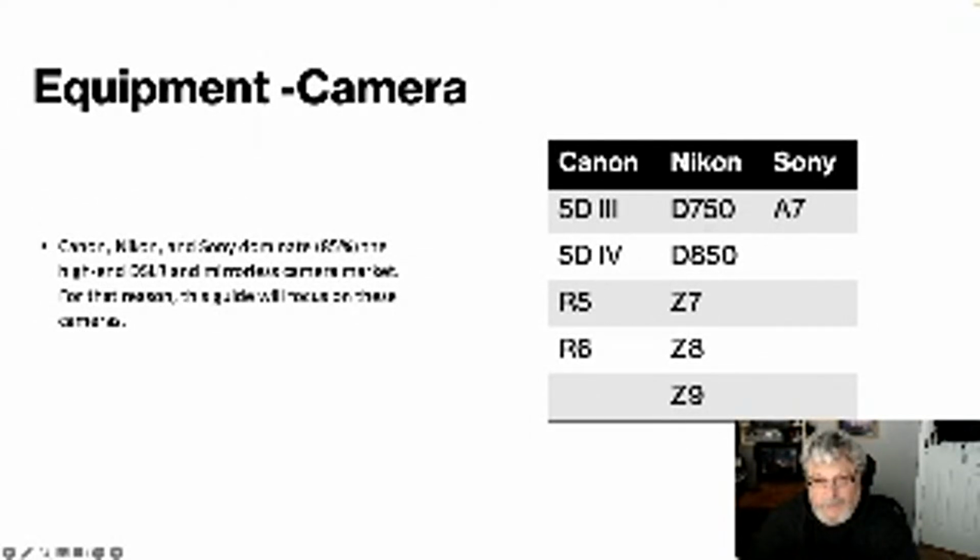We've based our strategy on the three most popular cameras that dominate 85% of the market. Our strategy will work for any of these cameras. So the Canon 5D3, the 4, the R5, the R6, the D750 from Nikon, the 850, the Z7 through the Z9, or the Sony A7.